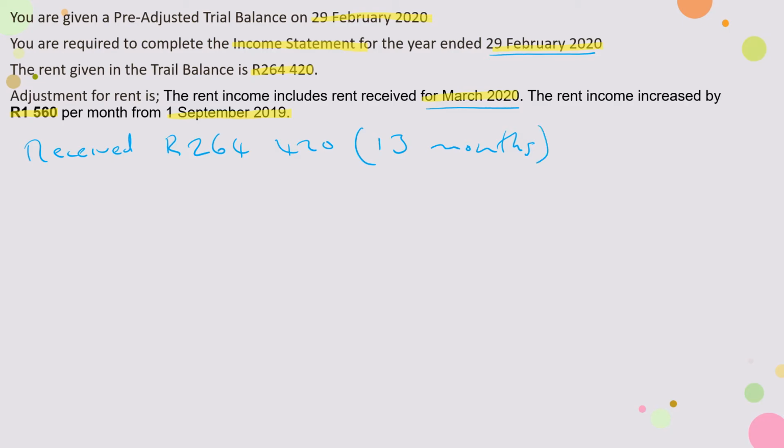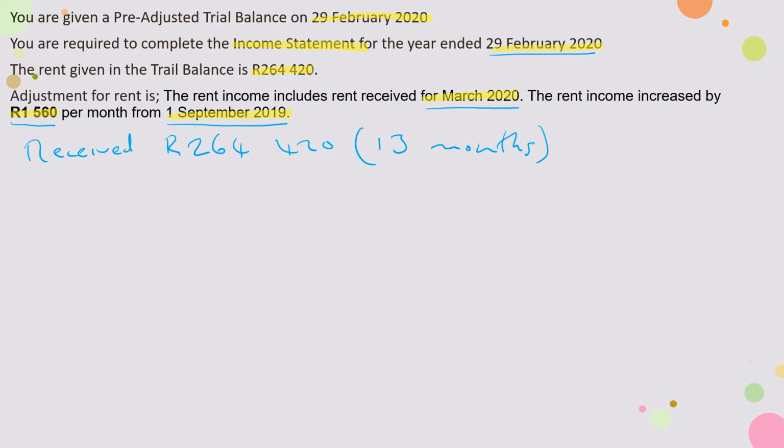Then the second thing you see here is the rent increased by 1,560 on 1 September 2019. It's a different approach from the percentage given.